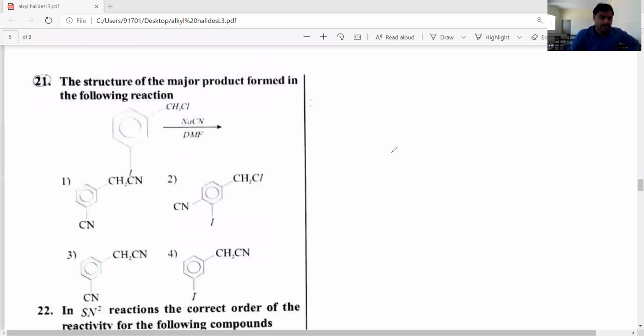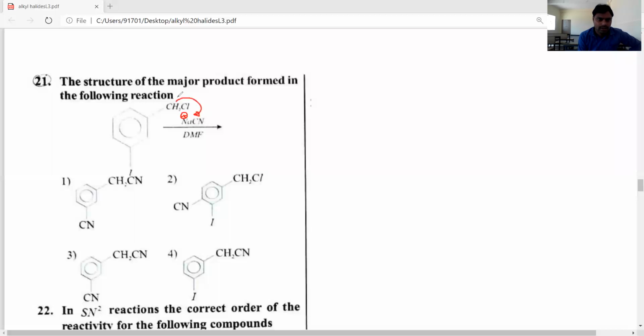It is direct NaCN in DMF. Okay, Na plus and CN minus. In this reaction the inversion product will form. Here it is an SN nucleophilic substitution reaction.